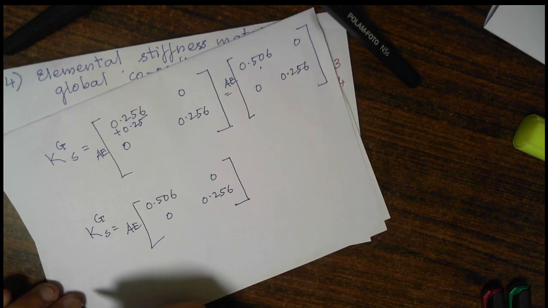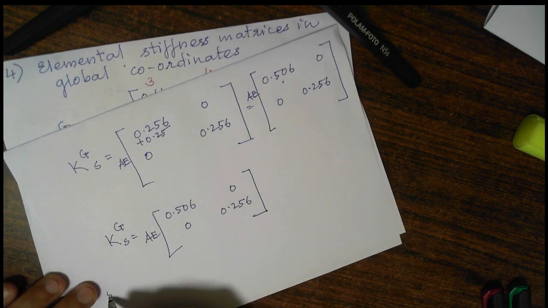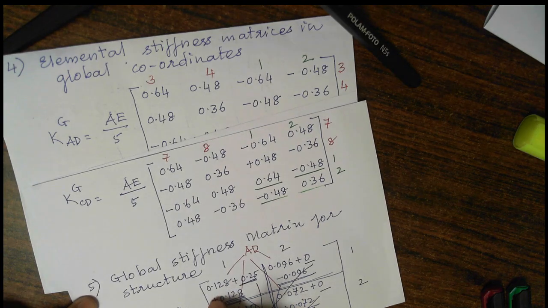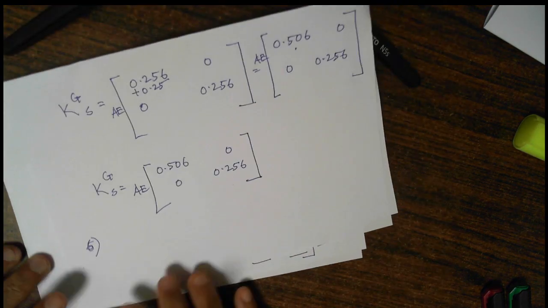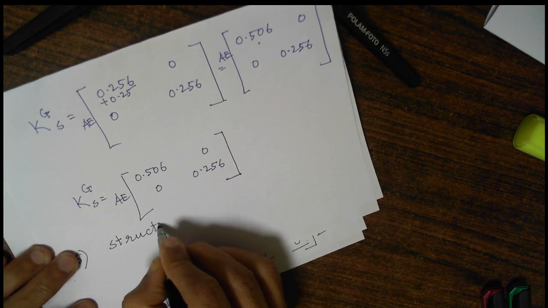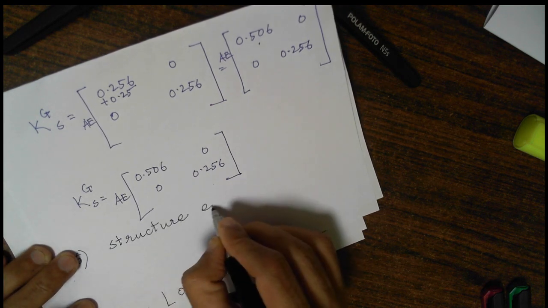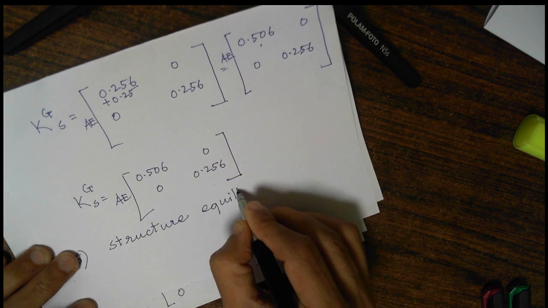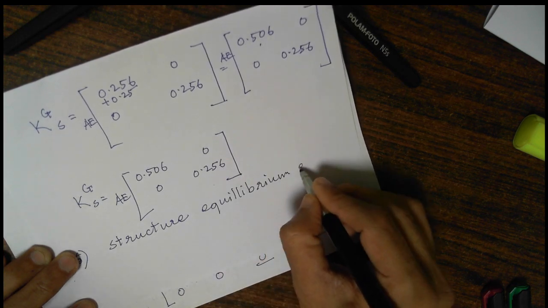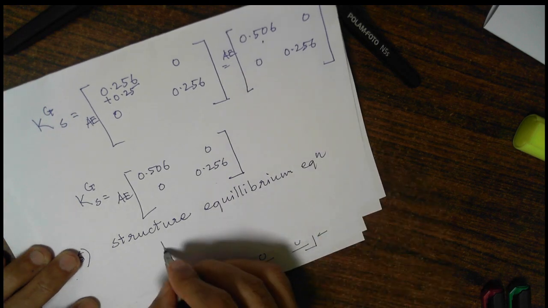Now the next step is the structure equilibrium equation. Sixth step. The fifth step, the global stiffness matrix, is already over. What is the structure equilibrium equation?